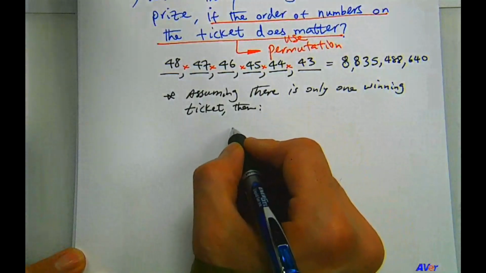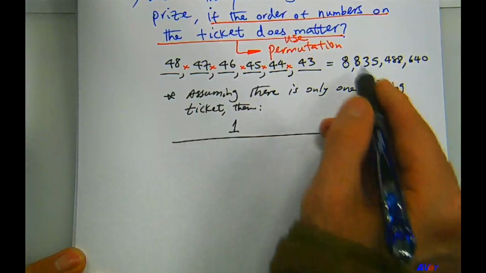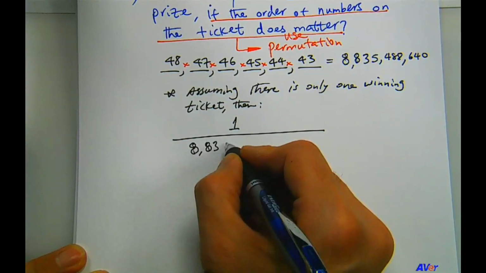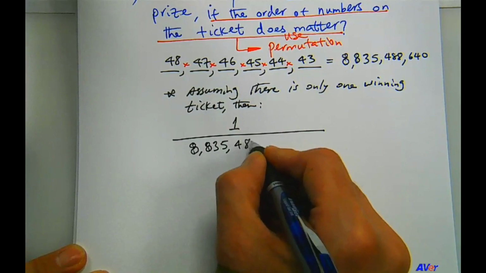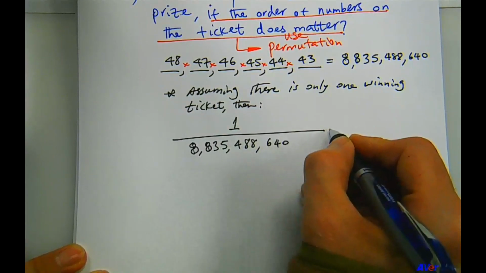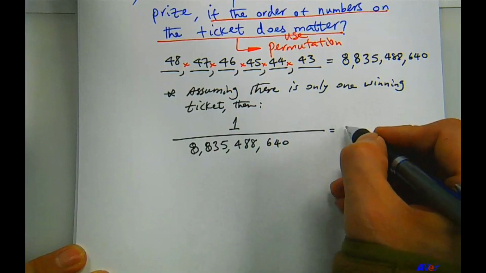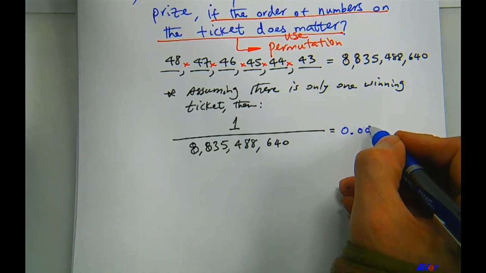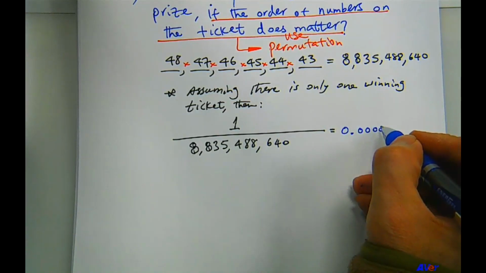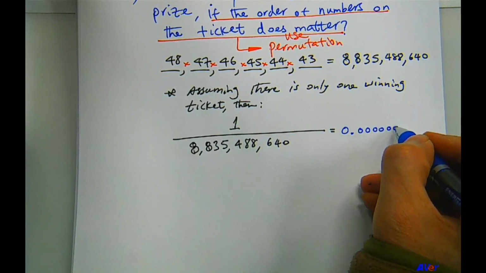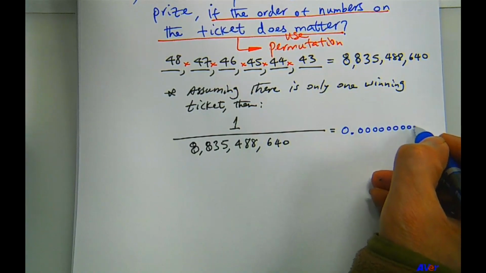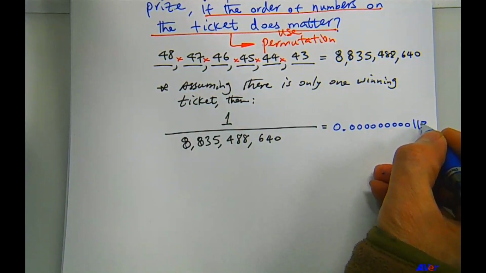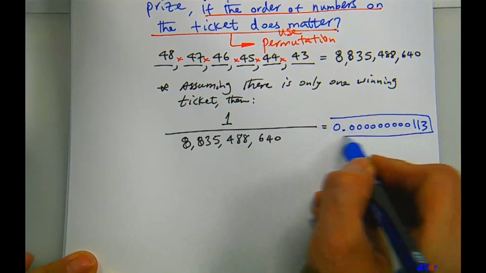So we have 1 over all of that, and that is equal to a very small number. So that's one way of giving the answer.